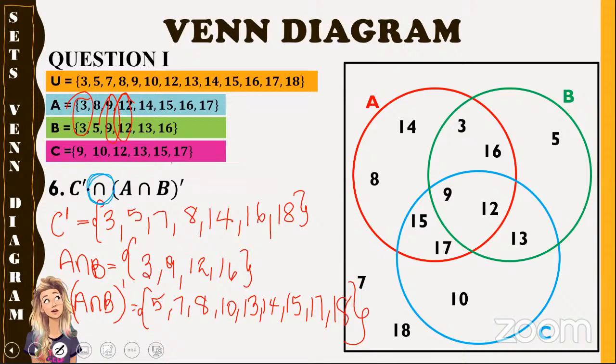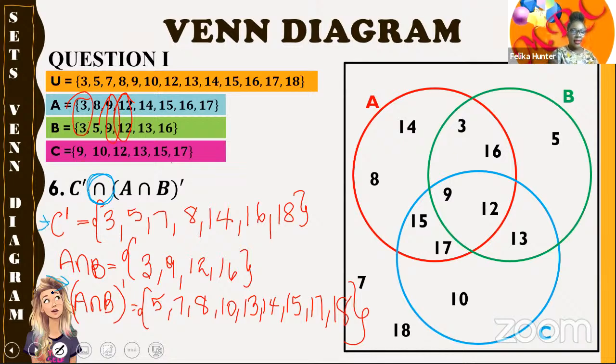Right here, intersect. So that means we're going to be finding what is common between C complement and A intersect B complement. So we come into that set and find what is common. Good?